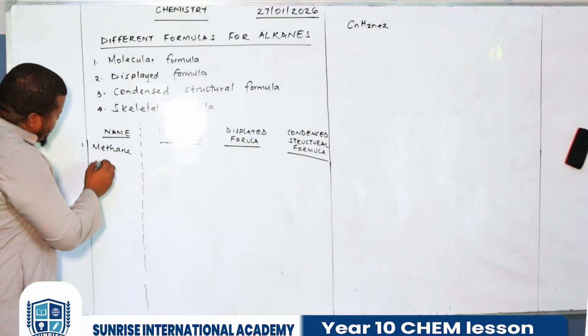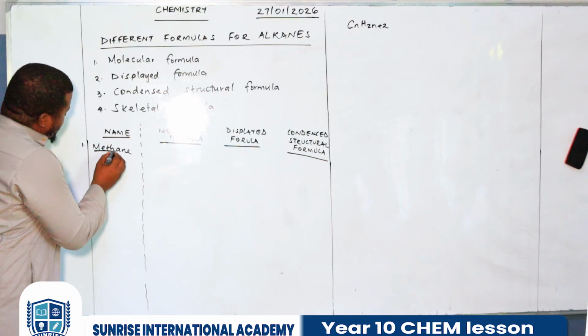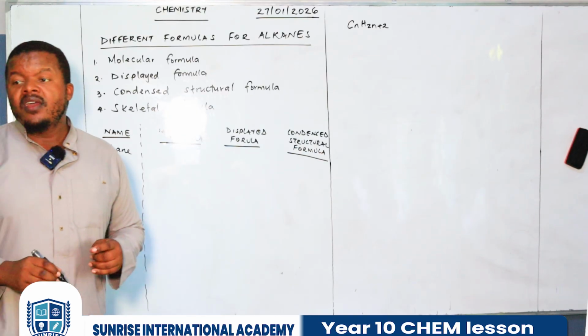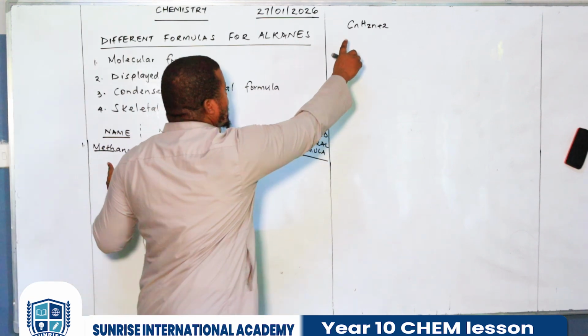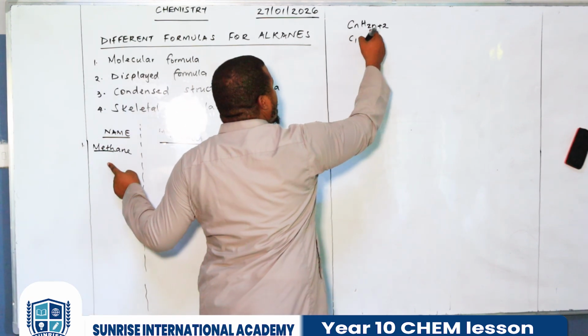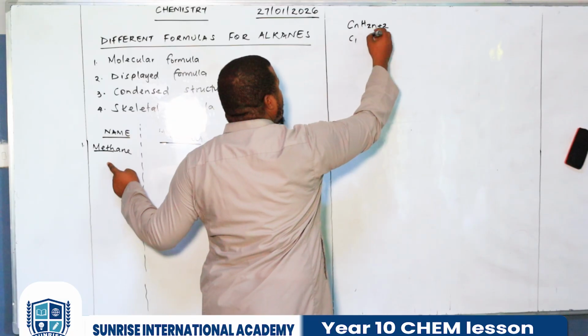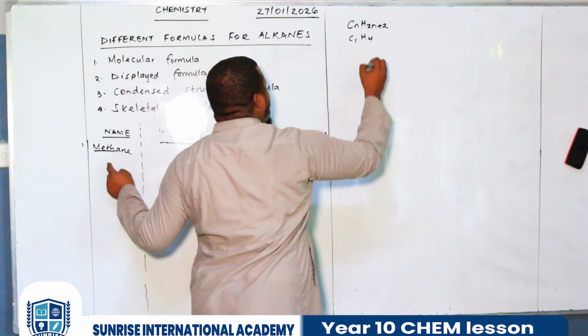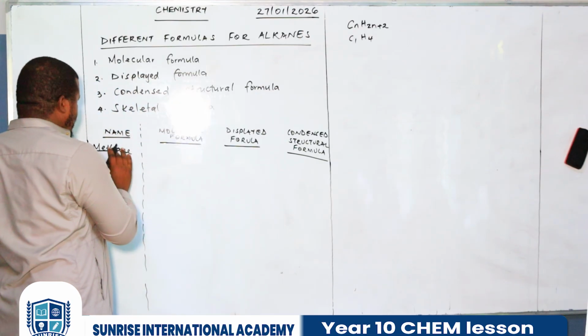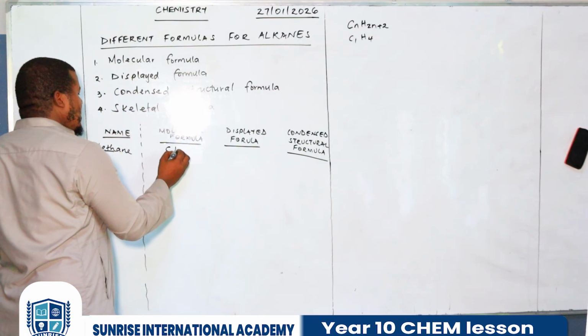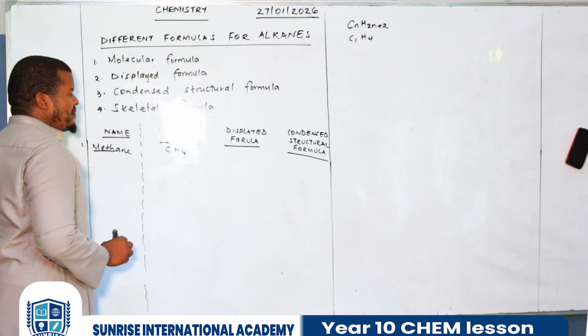And we did also say that the prefix meth stands for 1 carbon atom. So this means C1, 1 times 2, 2 plus 2, 4. So that means our molecular formula will be CH4.